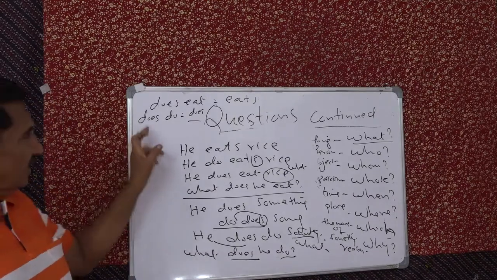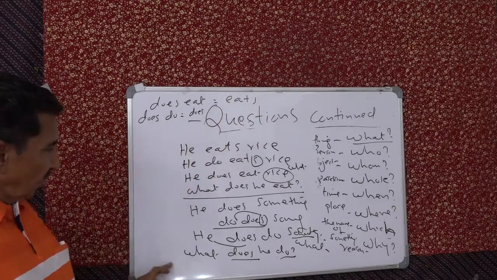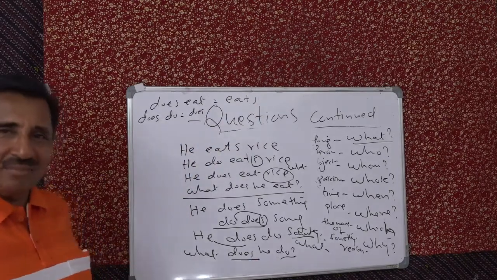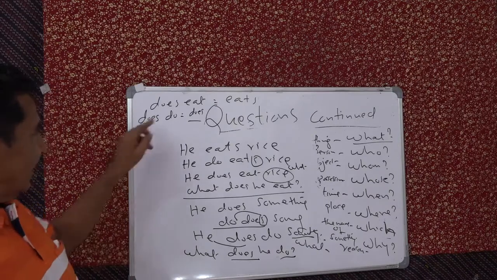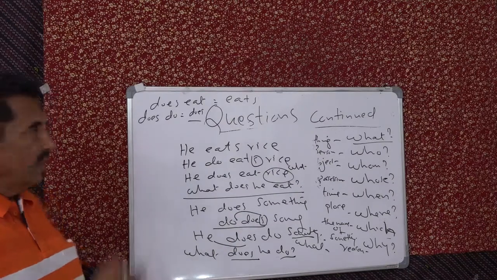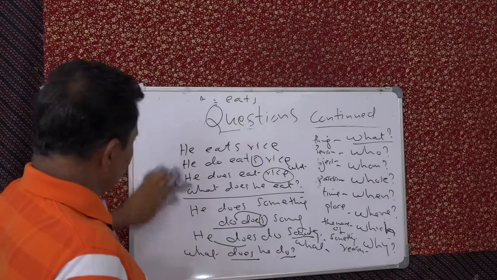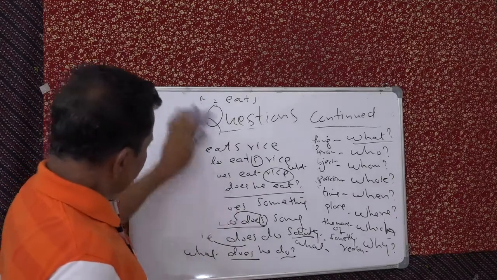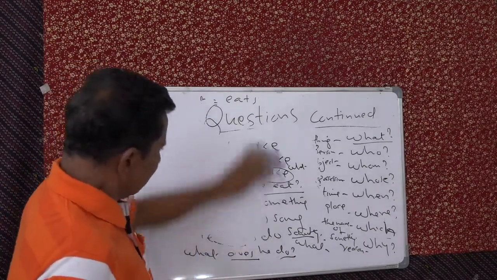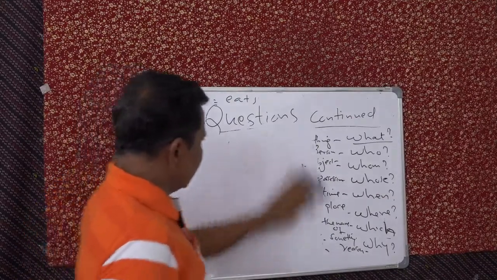If does eat is eats, does do is does. So what does it do? Did you get it? Does eat is eats, does do is does. Right? So I think that is clear to you. So you can make statements into questions, questions into statements.